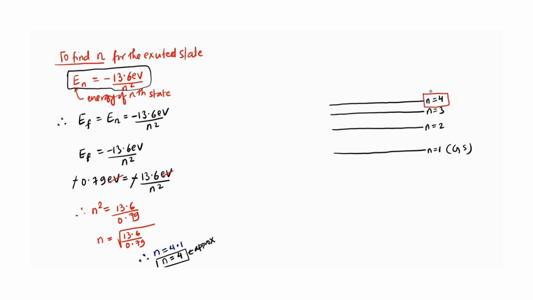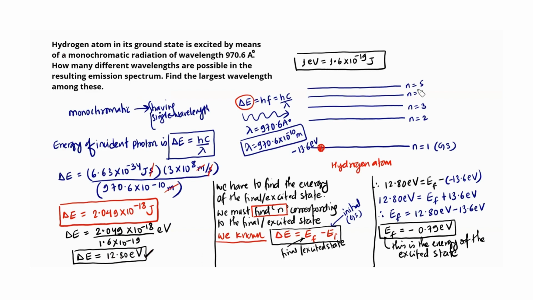So this is the final or excited state. The hydrogen atom gets excited from ground state, from n equals 1 to n equals 4.